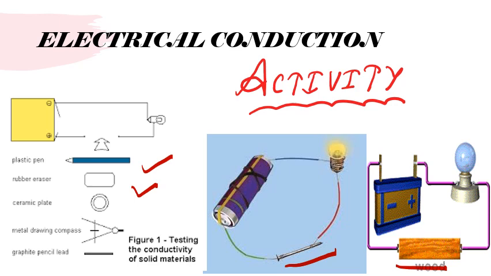So after joining these samples with the open ends of the wire, you will notice that when we have attached an iron nail to the wire, the bulb glows. While putting wood, plastic pen, rubber eraser, the bulb does not glow. So this proves that metals can conduct electricity through them.